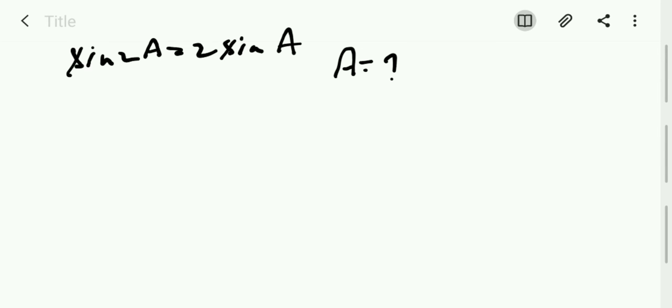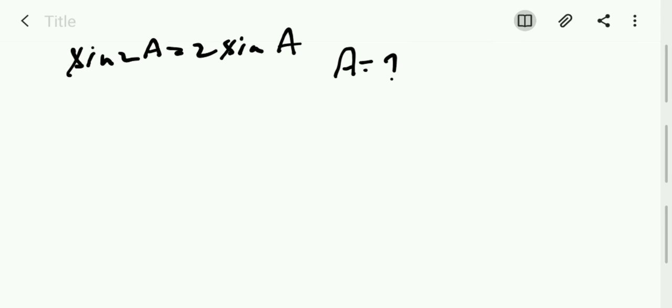Okay guys, so now we know the sum, which is sine 2a is equal to 2 sine a. So this is true when a is equal to what? Correct, this was the sum.